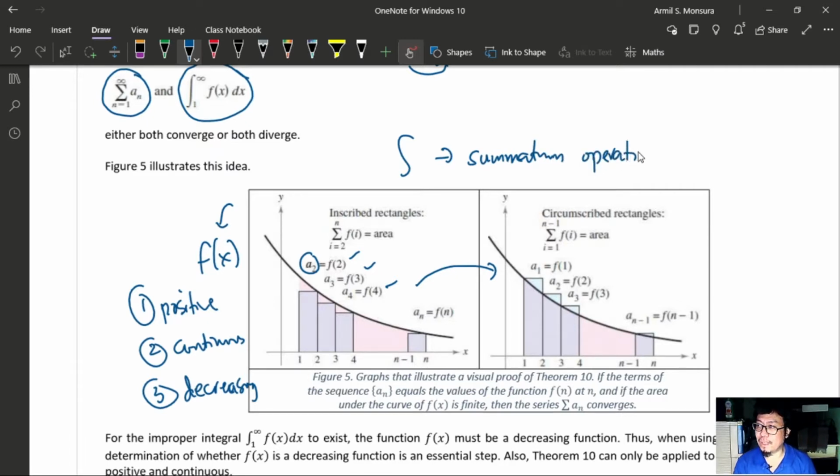You may recall in your integral calculus course that you were using integration to find areas of plane figures and volumes of solid figures.